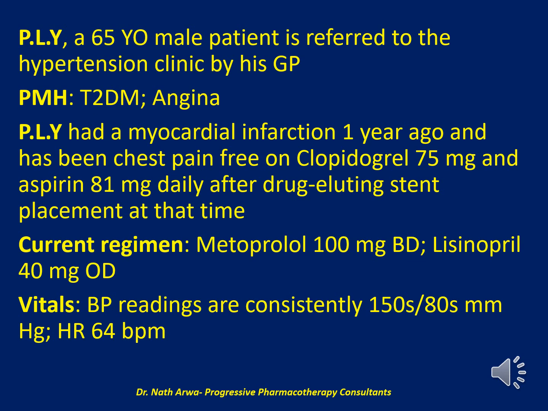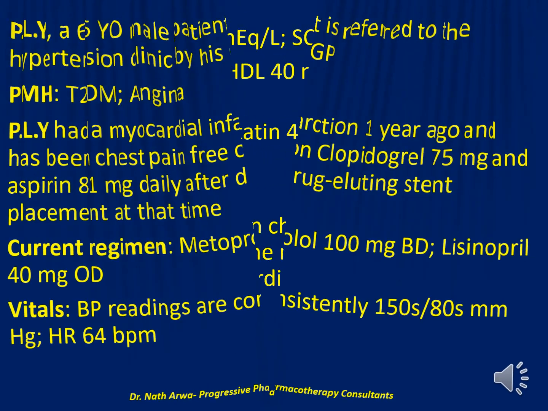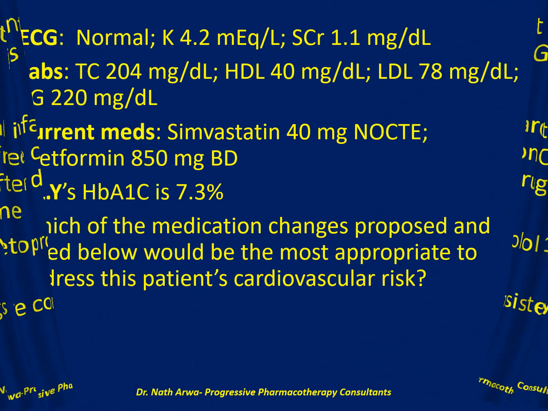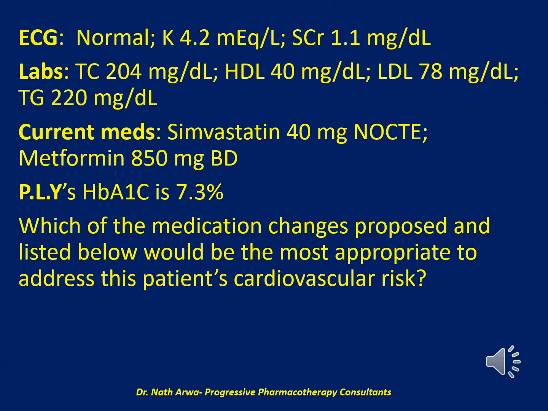His vitals include blood pressure readings that are consistently 150s systolic and 80s diastolic, and a heart rate of 64 beats per minute. His ECG is normal. He has potassium levels of 4.2 milliequivalents per liter, and serum creatinine of 1.1 mg per deciliter.